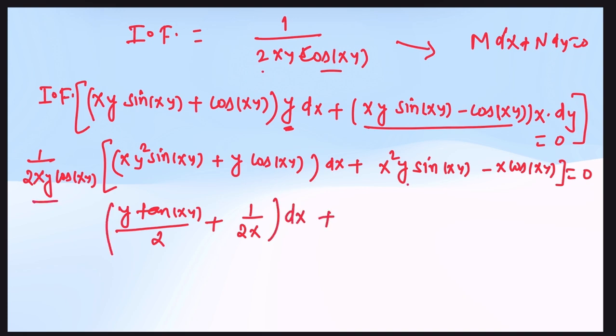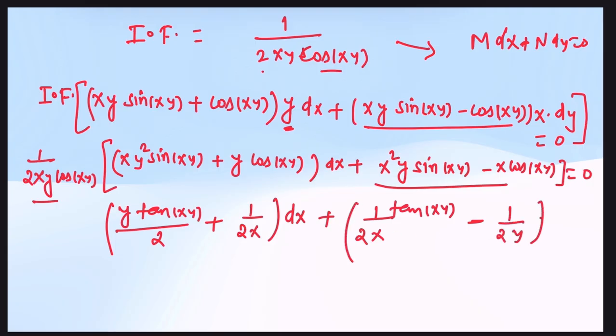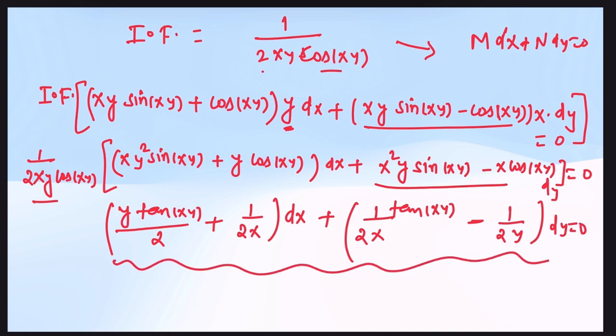Now we multiply by this, so x to x cancel, y to y cancel, 1 upon 2x tan xy, minus cos y to x, cos y cancel, minus x to x cancel, minus 2y dy, sorry it is dy, equal to 0. So now this differential equation will become exact after multiplying the integrating factor.